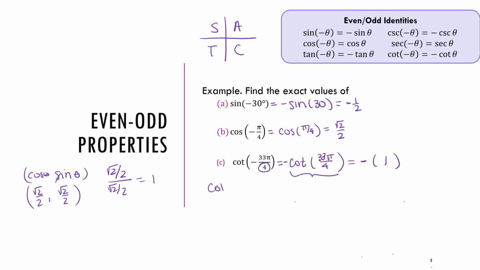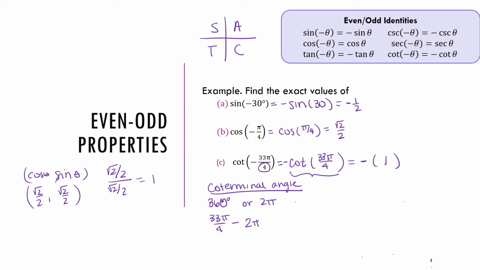So just recall, coterminal angles is when you take away a full rotation. So we're either going to subtract 360 degrees or 2 pi. Well, since this is in radians, we're going to subtract 2 pi. So we're going to take 33 pi over 4 and subtract 2 pi, and you can do multiples of 2 pi if you want.